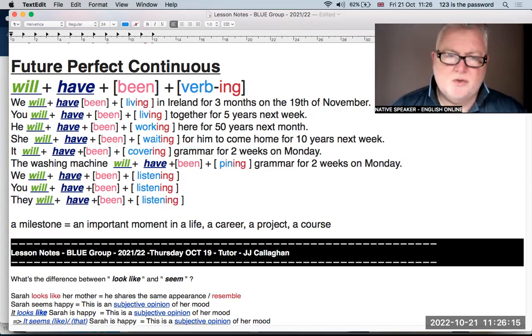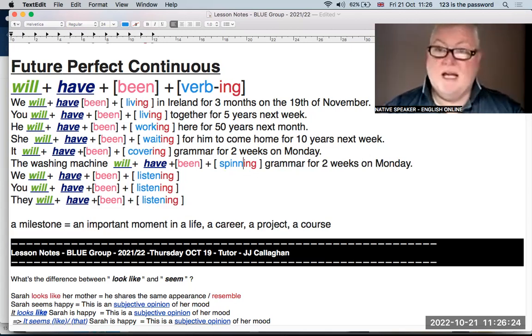But you notice that it's been spinning for a long time. And then you start measuring it and you checked it at 3 o'clock. And now it's 4:45. And you say to the technician, the washing machine will have been spinning.